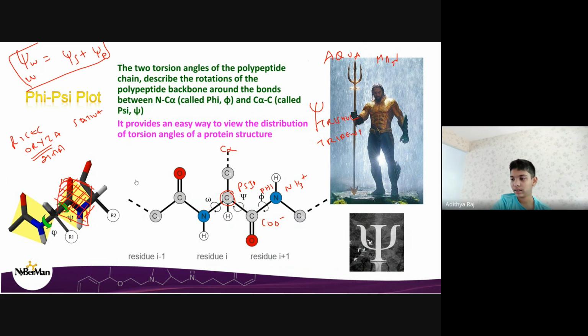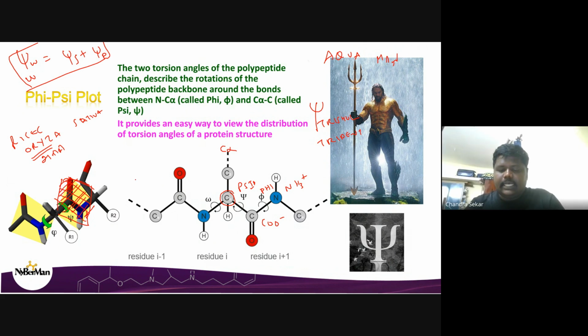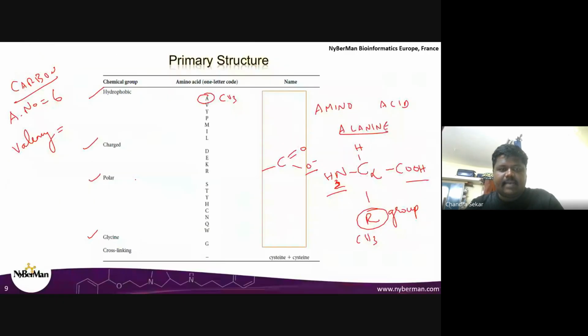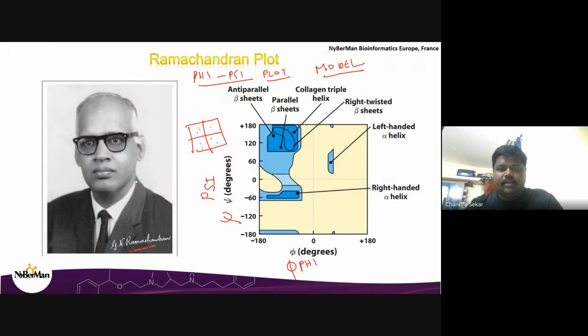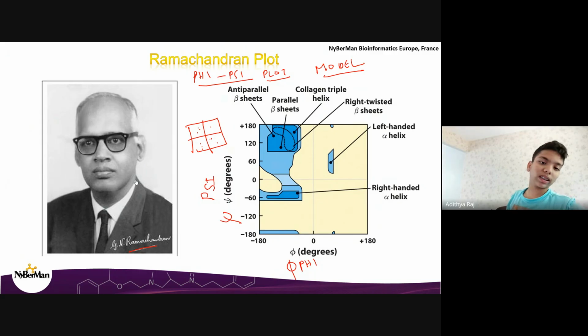So this gentleman, G.N. Ramachandran, found this. They are trying to understand the dihedral angles, how phi and psi are allowed. Using that, he took a plot.